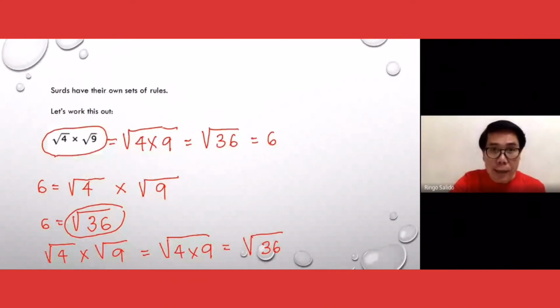This led us to our first rule, which is multiplying surds.